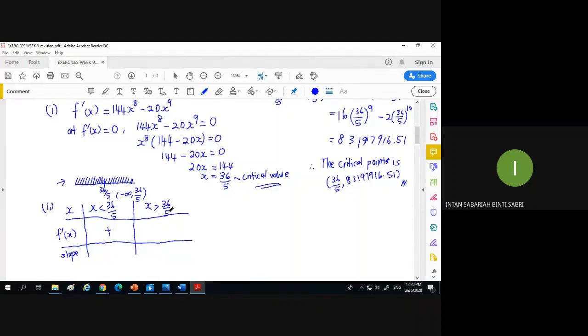So better you take an integer. Let's say the easiest, 8, and substitute it into this one.